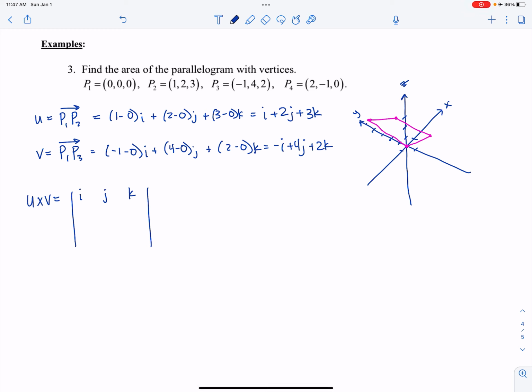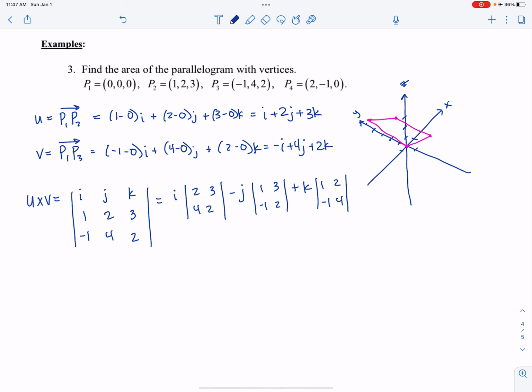U is 1, 2, 3, and v is -1, 4, 2. So we've got i times the determinant of 2, 3, 4, 2, j times the determinant of 1, 3, -1, 2, k times the determinant 1, 2, -1, 4.